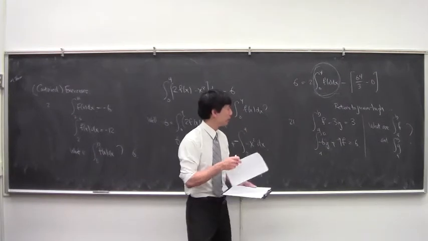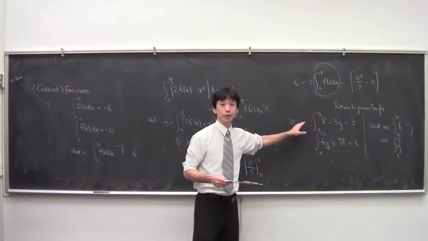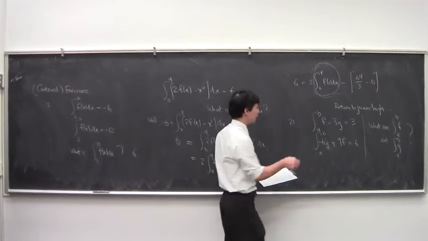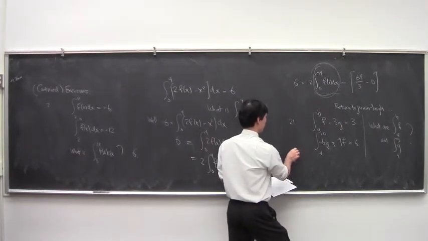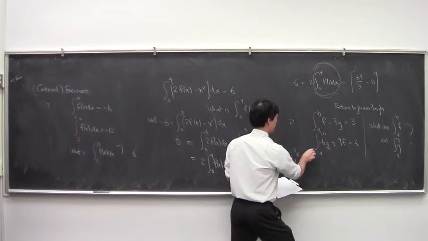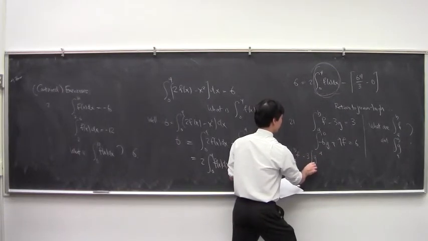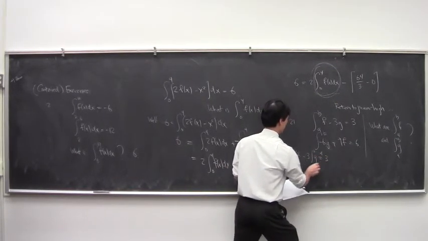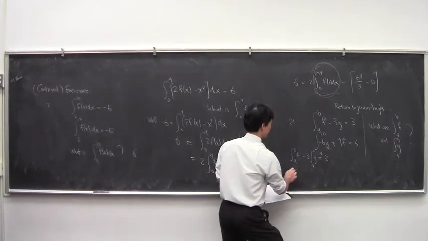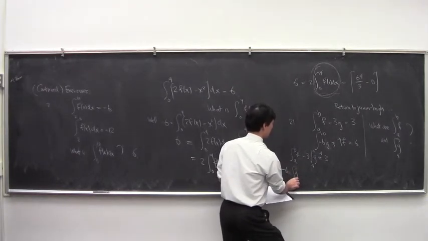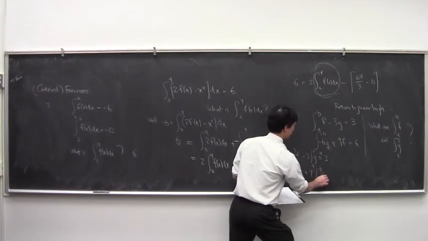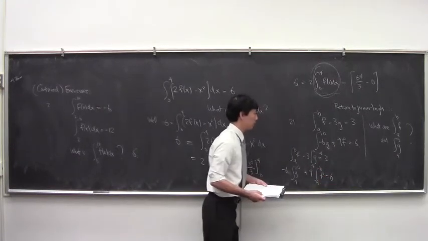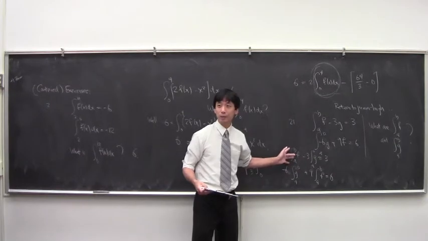But again, you see that this is basically a junior high school problem. Because you split this thing up, you say, well, the integral from a to b of f minus 3 times the integral of g from a to b equals 3, and negative 6 times the integral of g plus 9 times the integral of f from a to b equals 6. And now it really looks like you've come back to junior high.